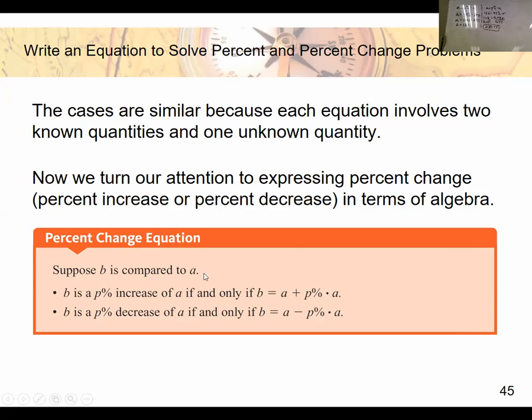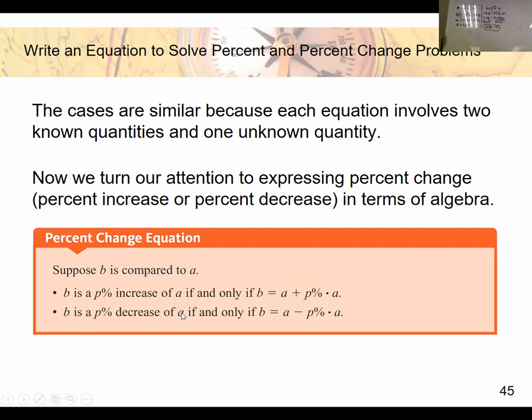Let's say B is compared to A. So B is going to be a P% increase of A if and only if B is equal to A added to P% of A. Yeah, because for the percent increase, of course, you have to add. You'll take P% of A, that'd be the amount of the increase, and then you'll add it to the original amount, which is A, to get B.